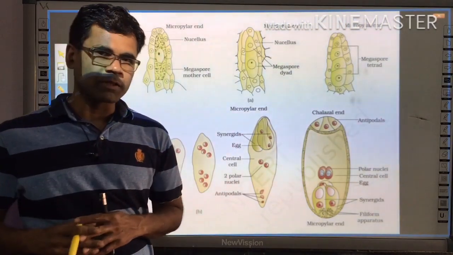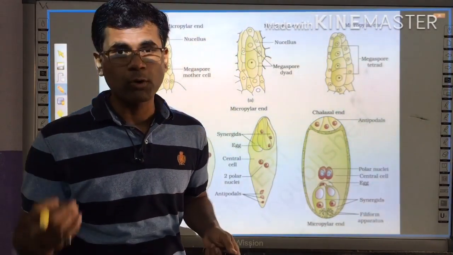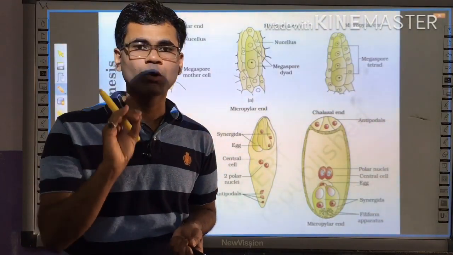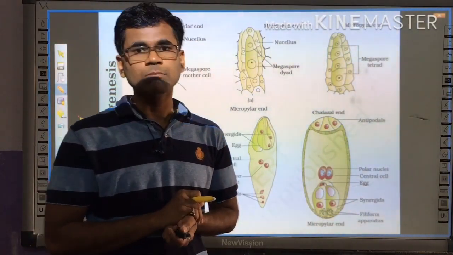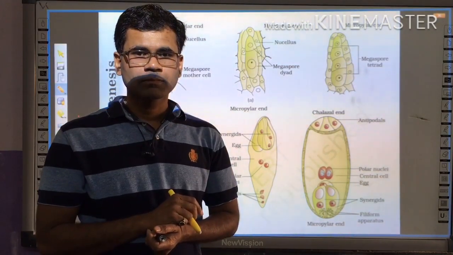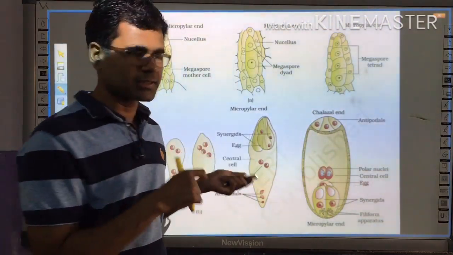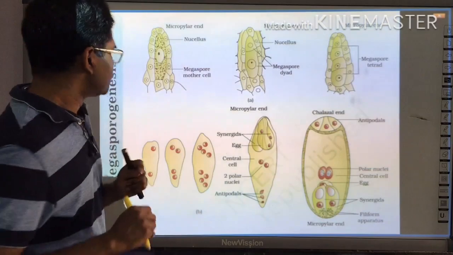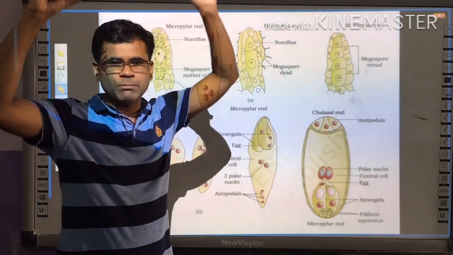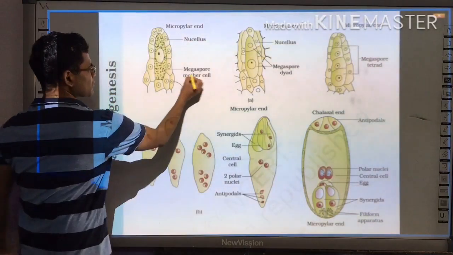Megasporogenesis in angiosperms is also termed monosporic megasporogenesis. Why is it termed monosporic? Mono means single. Let us see. In the first step, as in microsporogenesis there was a pollen mother cell, here a megaspore mother cell is there.